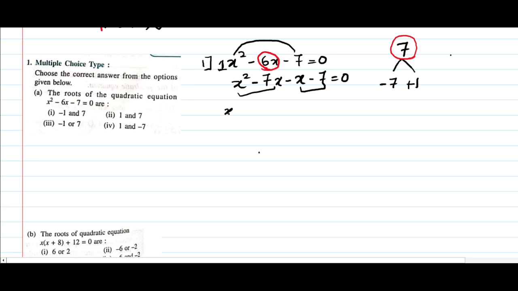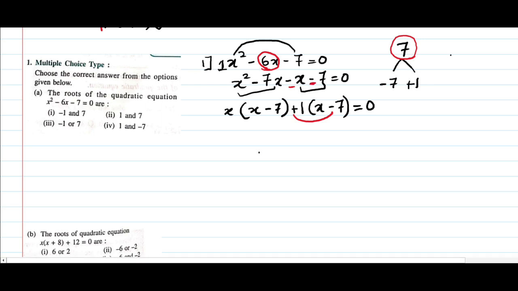Here the common term is x and the leftover terms are x minus 7. And here no terms are common, so we will write the terms as it is, which is equal to 0. So here we have to write 1. So this will become plus 1. Why? Because plus into minus gives minus, right?